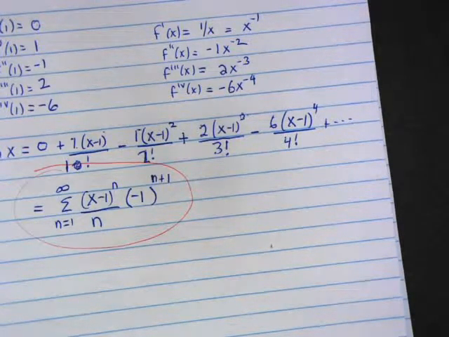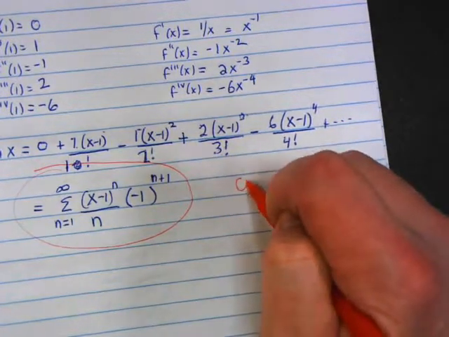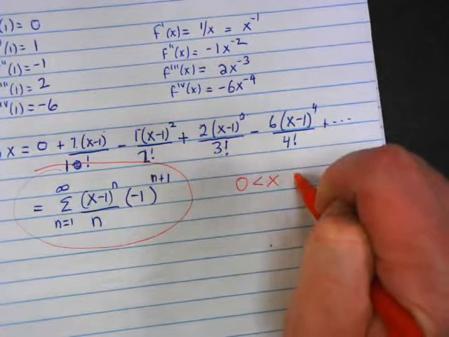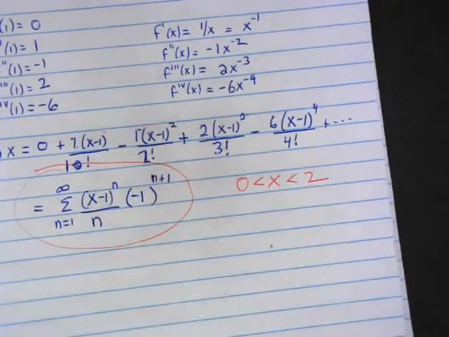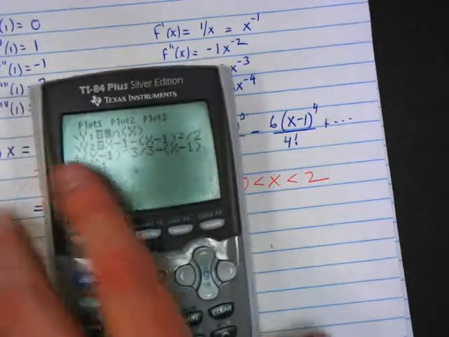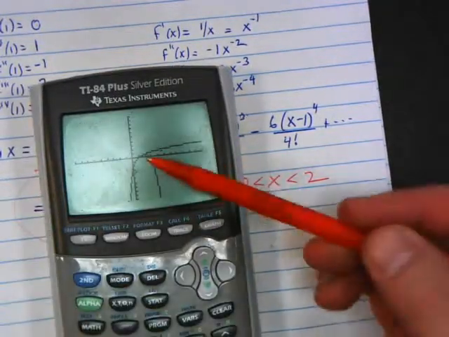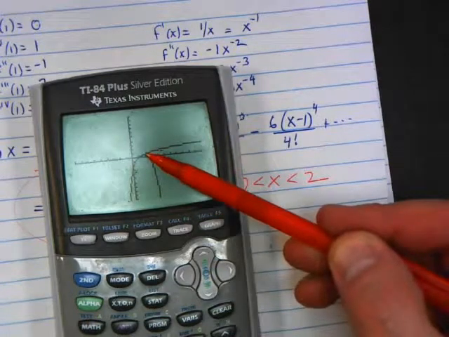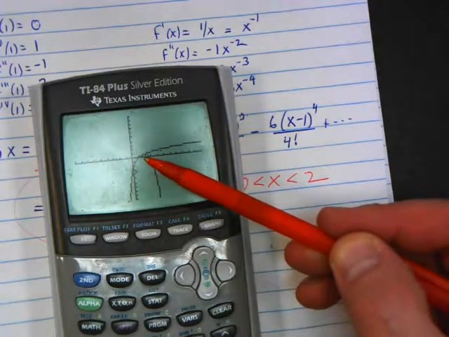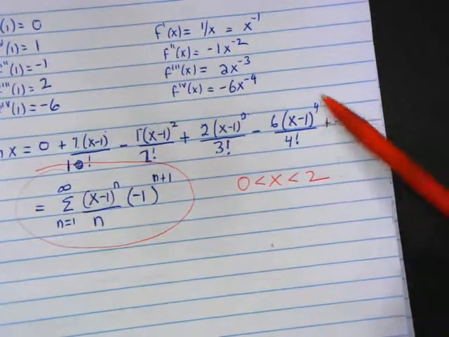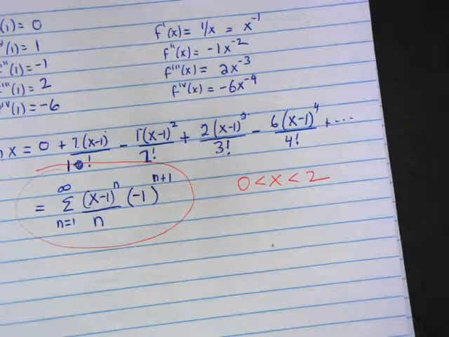Well, I think you could go ahead and do the ratio test, and from the ratio test you could show that that series only converges between 0 and 2. So, to say that this looked good between 0 and almost 2 isn't bad, considering we only did 4 terms of the Taylor polynomial. And it still looked pretty close.